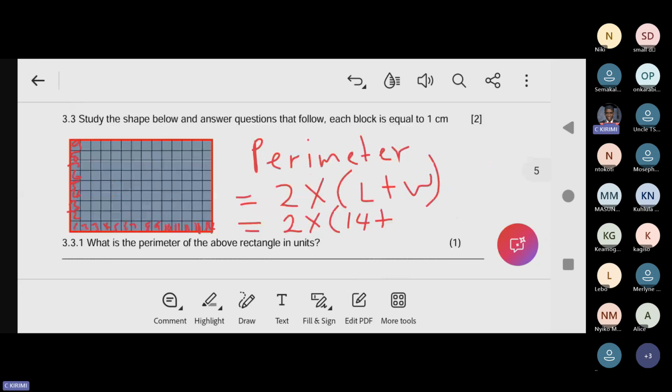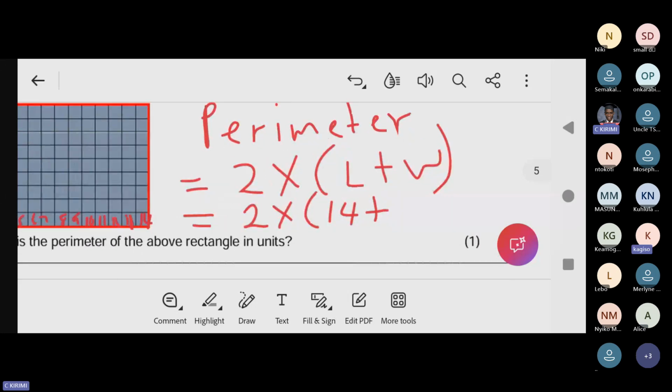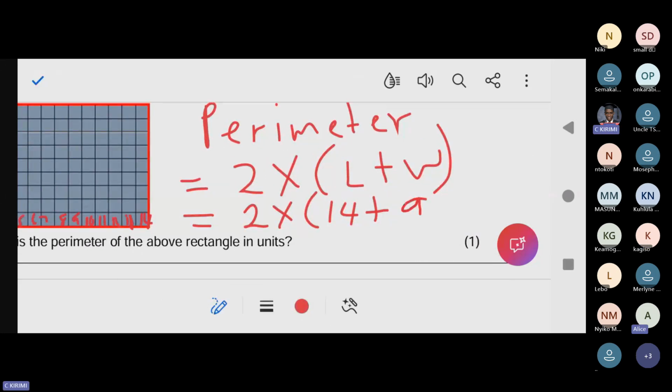Okay. So we said the units for the width is 9. So now you are adding. What is 2 times the length plus the width? What is 14 plus 9? 23.